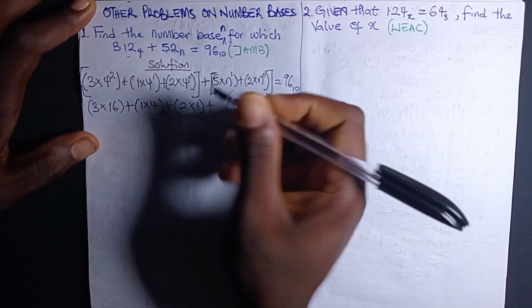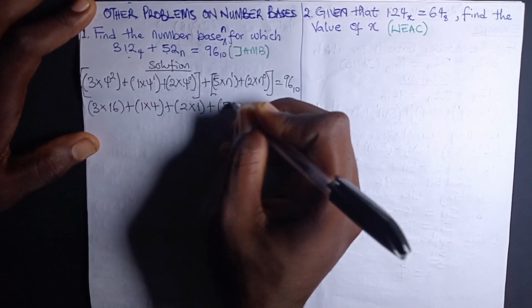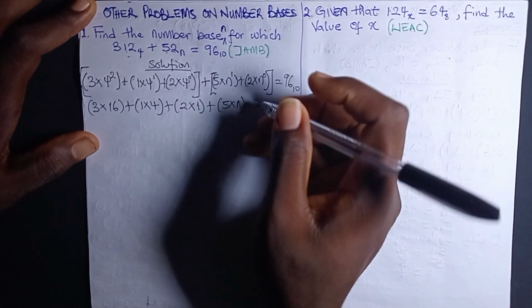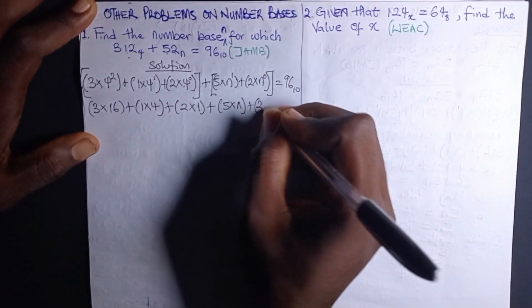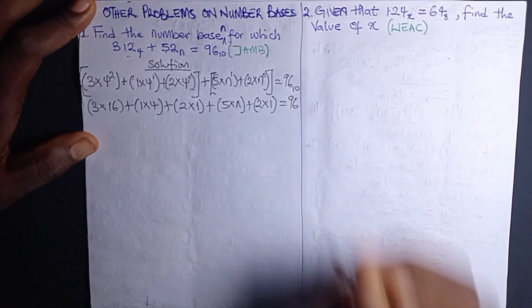Plus 5 times n raised to the power 1 is n, so 5 times n, plus n raised to the power 0 is 1, 2 times 1, equals still 96 in base 10.